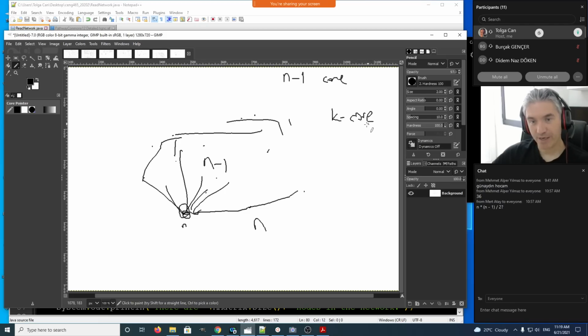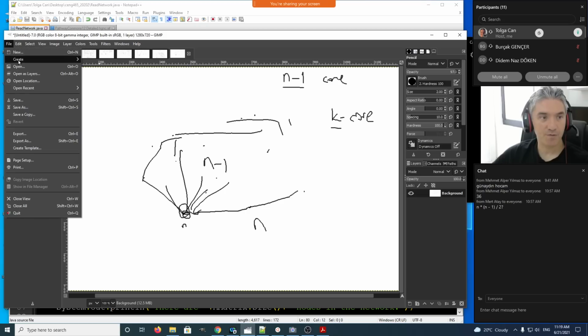In other words, in a k-core subgraph, every node has at least k connections to the others in that subgraph. Therefore, a clique is an n-1 core, because every node has n-1 connections to the other nodes. So K-core is a more generic description of a clique.